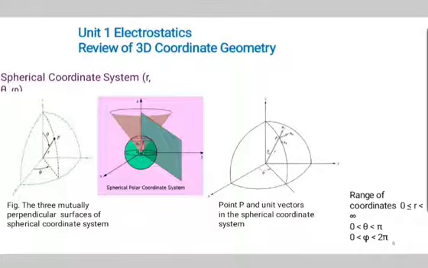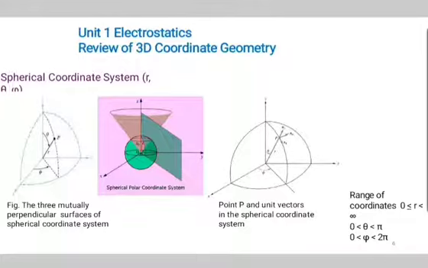So the point in spherical coordinate system is the intersection of three mutually perpendicular orthogonal surfaces, and these surfaces are the sphere with its center at the origin, where the radial distance r from the origin to the spherical surface is constant, and a plane with a constant angle phi. It is similar to the angle phi in cylindrical coordinate system.